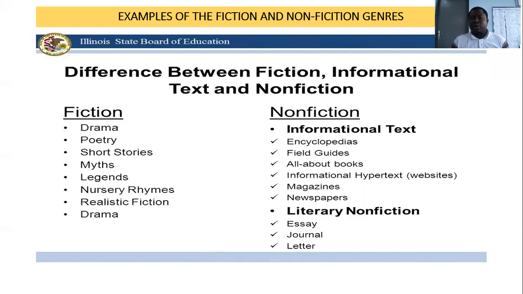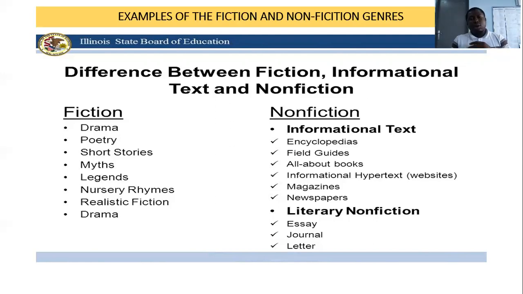That is to say that we have imported some aspect of literariness, if you like, into those writings. So though they are nonfiction, they have some aspect of literariness in them. And then for fiction, we have drama, poetry, short stories, myths, legends, and what have you. So that is basically the distinction between fiction and nonfiction writing.